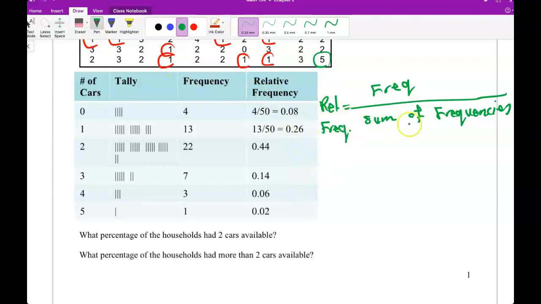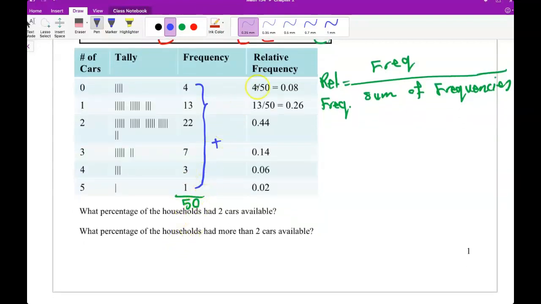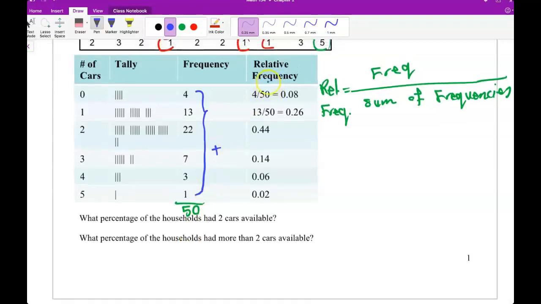Since the denominator is 50, that means we have 50 in total. If we add these numbers, the total is 50. We covered this one in the previous section. So each one divided by 50 is the answer for relative frequency.